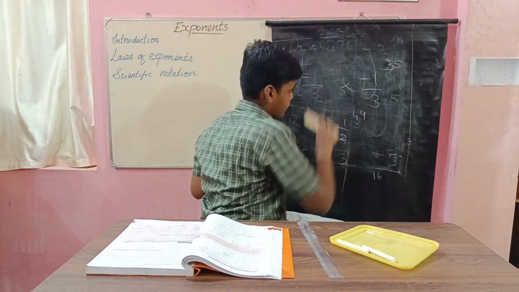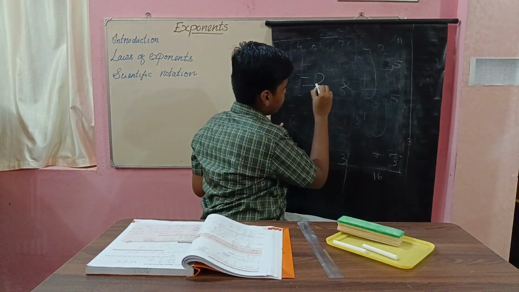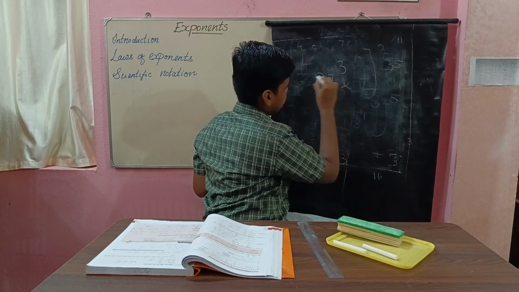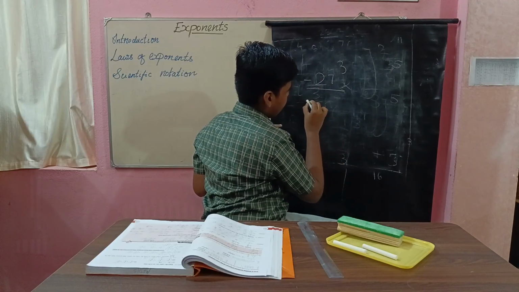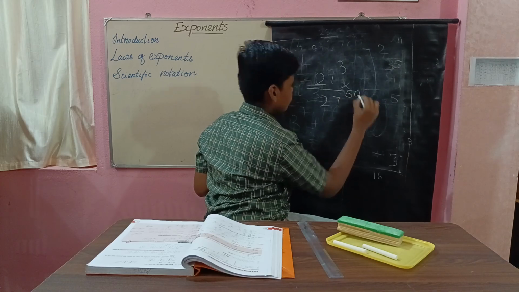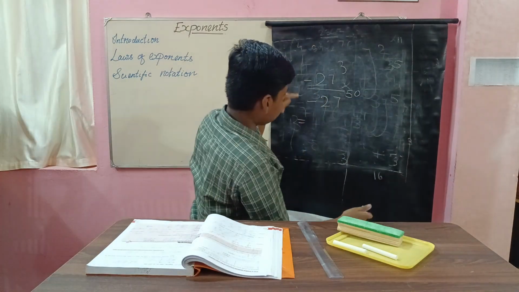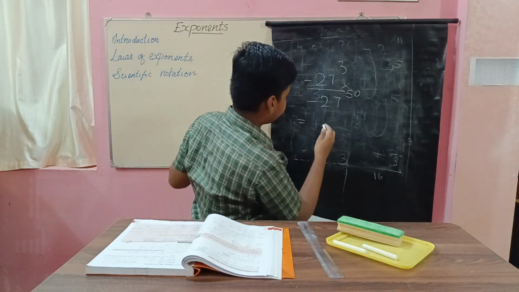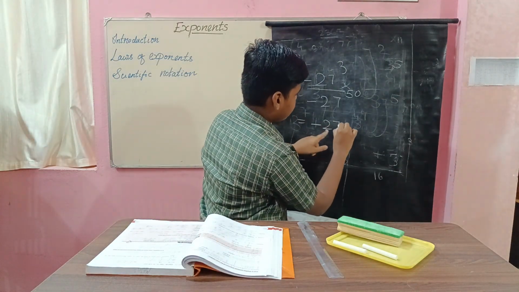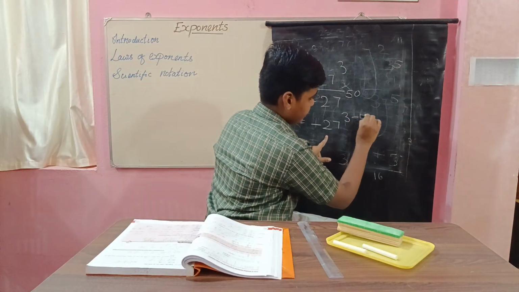So now this is over. Now for the quotient law. Let's take a greater number. Minus 27 by minus 27 to the power of 50. So what we should do is, here minus minus, but still when we write here it becomes minus. So minus 27 to the power of 3 minus 50.